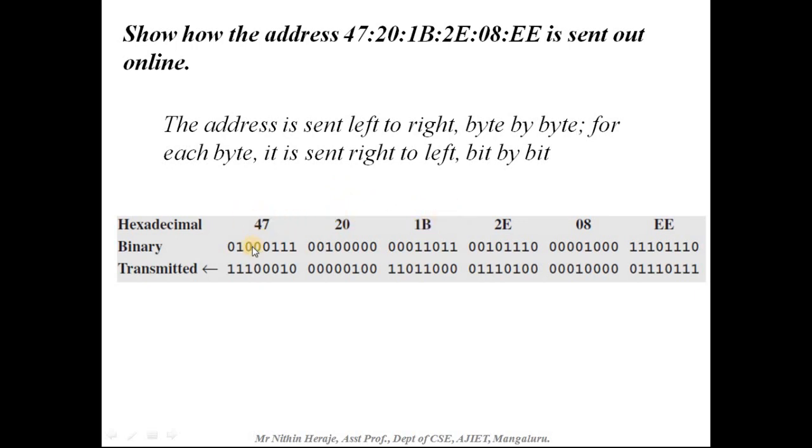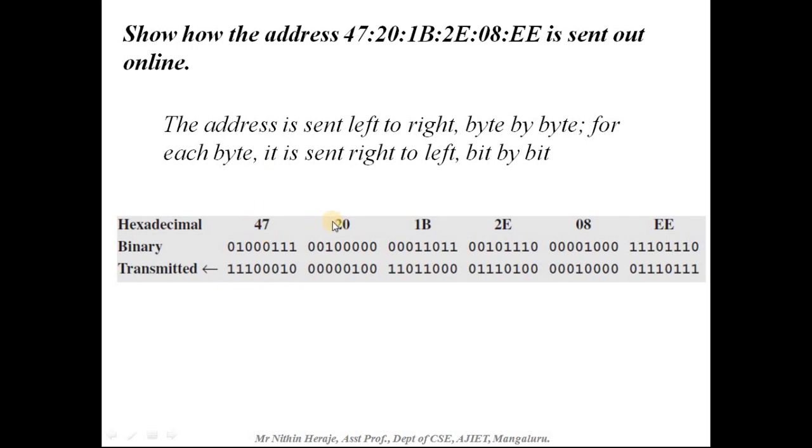So this 47 in binary is like this: 0 1 0 0 0 1 1 and so on. And for each byte, it is sent right to left, bit by bit. So this is in terms of bits. The bits have to be sent from right to left. If you look at this, this one bit is transmitted here, this one bit here, this one bit here, this 0 bit here, and so on.